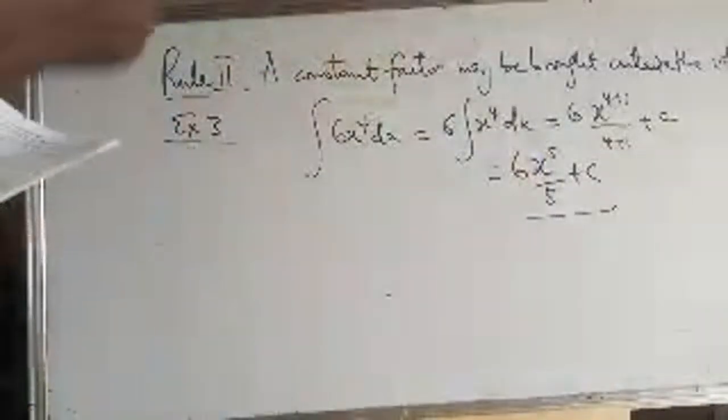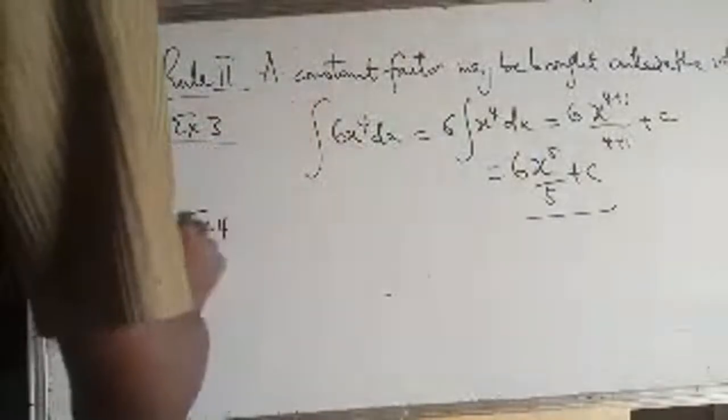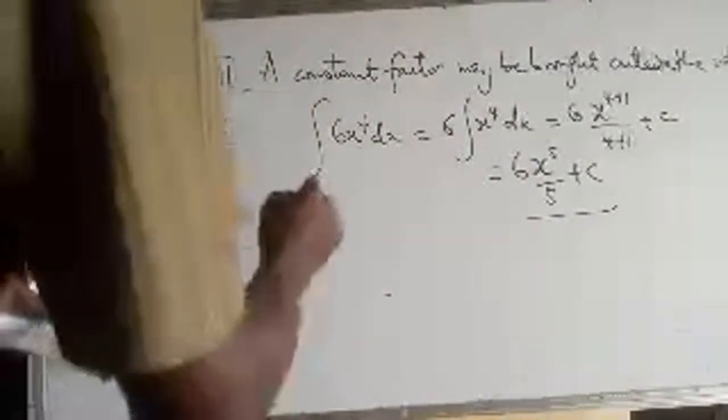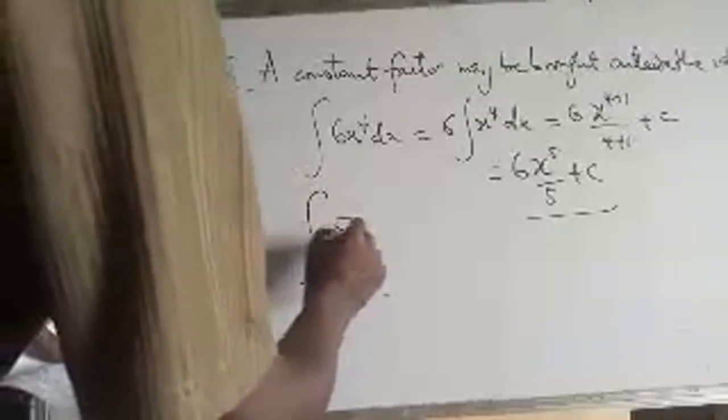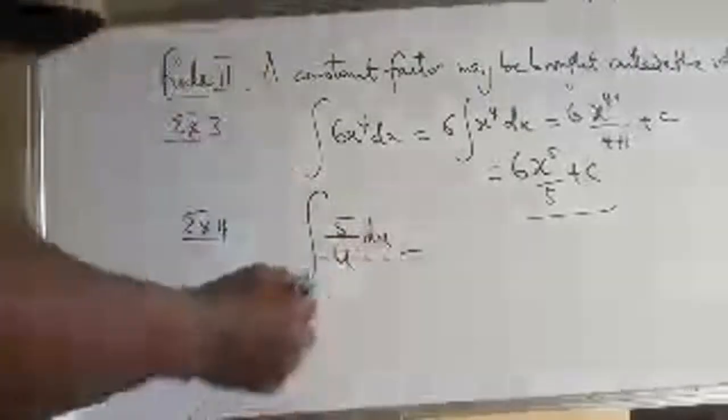Very simple. Another example, example 4, is the integral of 5 all over u du. Now bring your constant out. You have 5 times the integral of du all over u.